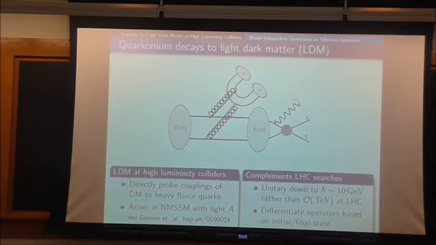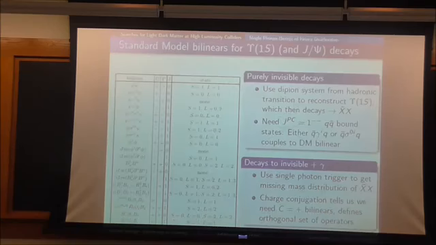Whereas at the LHC, there are broad categories of kinematic distributions, but it can sometimes be hard to differentiate, in these model-independent searches, which operator you're looking at.